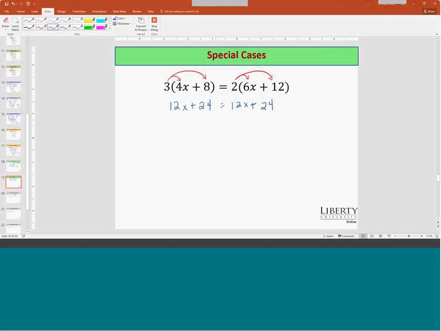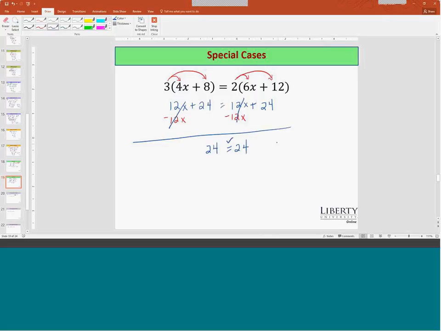Now, I have the same thing on the left and the right. Just continue to solve by getting rid of one of our x terms. Special case again, both of these x terms disappear. So I'm left with 24 is equal to 24.